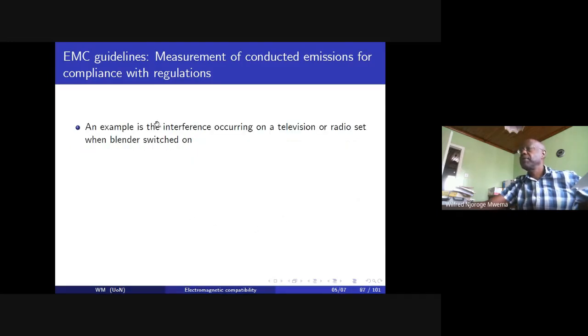An example is the interference that would occur on a television or radio set when you switch on an earlier blender type. That is a blender that was using brushed DC motors. Today, like I said, most of the motors are brushless, like those permanent magnet motors and the like.